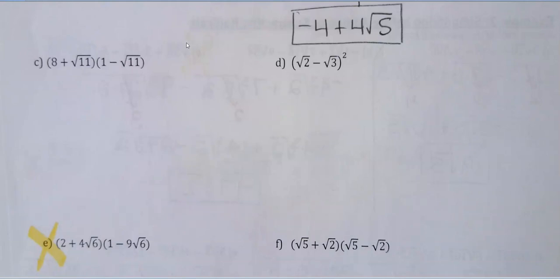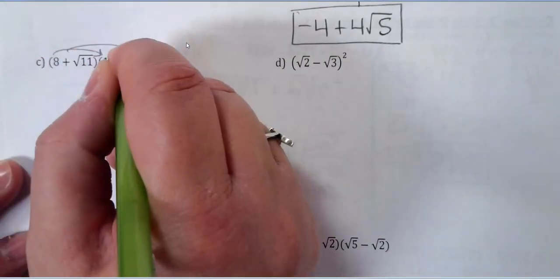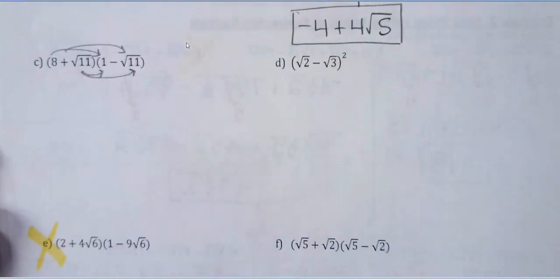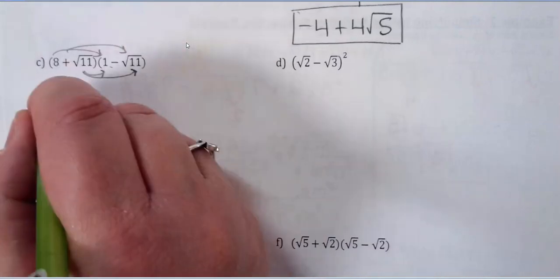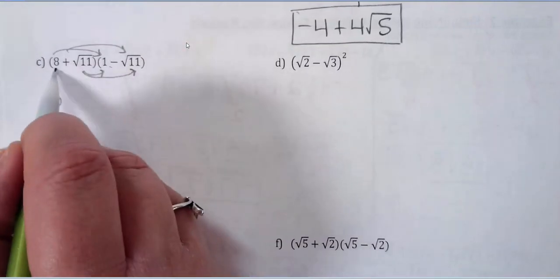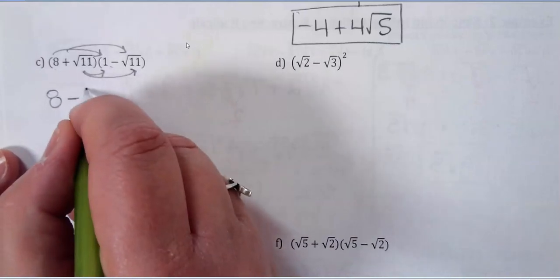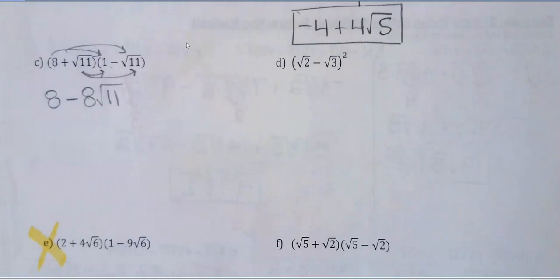If you like a box, you could draw a box for this too, but it's just the double distributive property, how I think about it, or FOIL: first, outside, inside, last. And so I'm going to multiply 8 by both of these guys. 8 times 1 is just going to give you 8. Now, 8 times negative square root of 11, I'm going to have a negative there. And if it's just a plain number times a radical, you just go ahead and write the number in front of the square root. And then I'm going to have square root of 11 times both of those terms in the second set of parentheses.